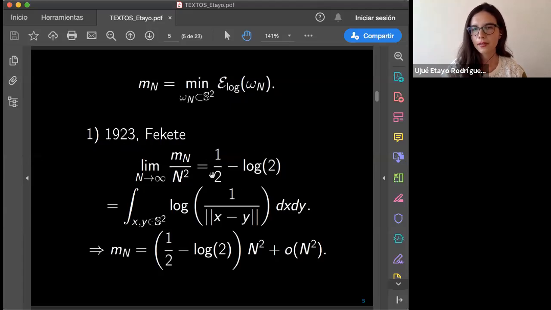And this number here is not just a number we have found and that's all. That's, of course, the value of what we could call the continuous logarithmic energy.